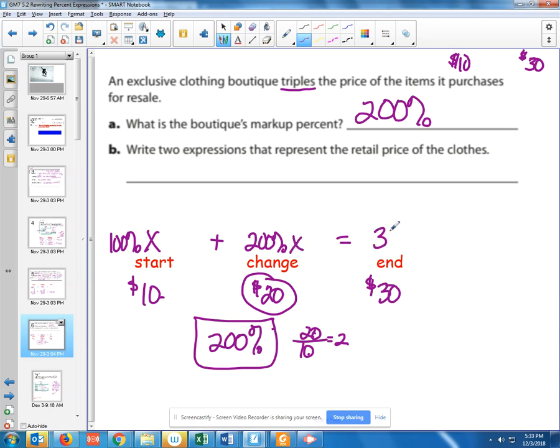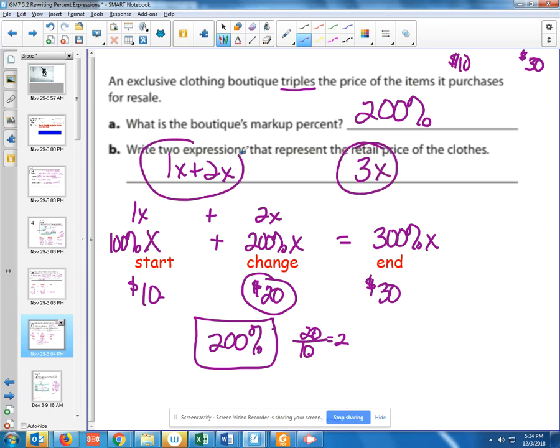That gives me 300% times what my original price was. And instead of writing it as a percent, if I just simply write it as a 1x plus 2x, you could think of it that way, or just plain old 3x to figure out the ending price.